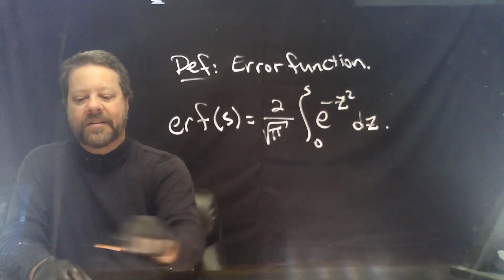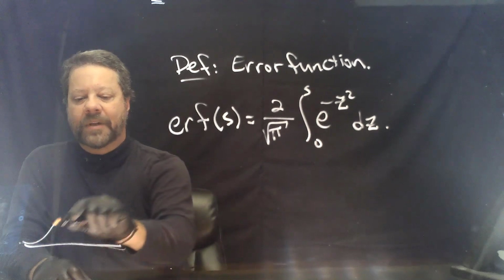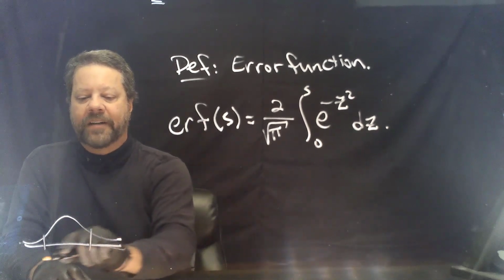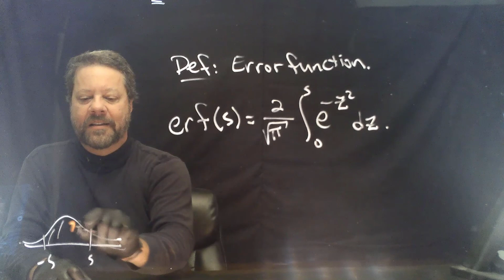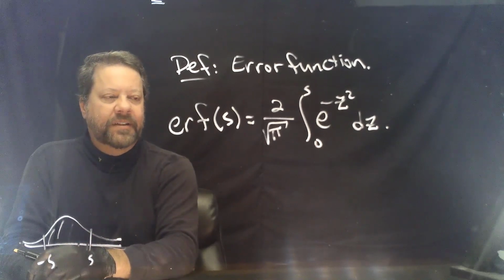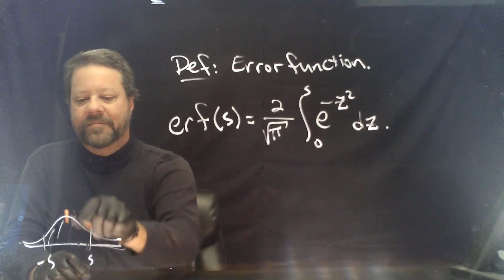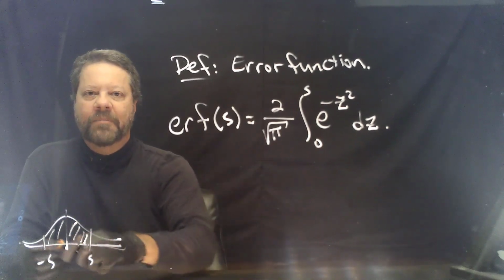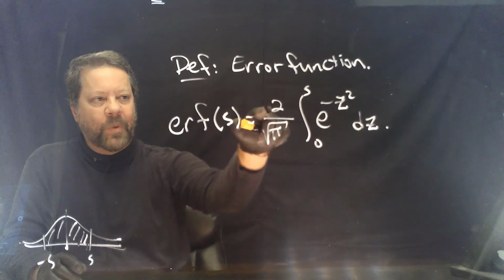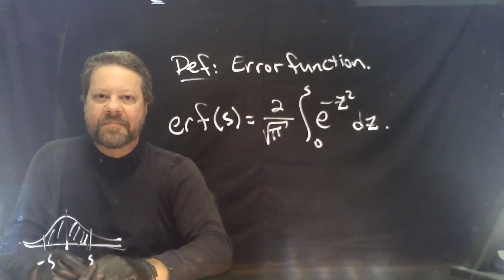So you can see here this is equivalent to taking our usual Gaussian curve and integrating from minus s to s to get the area under the curve. We're integrating from 0 to s and doubling that, but it amounts to the same thing as integrating with a 1 here and from negative s to s.